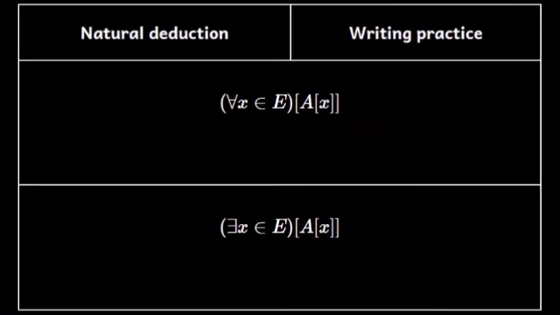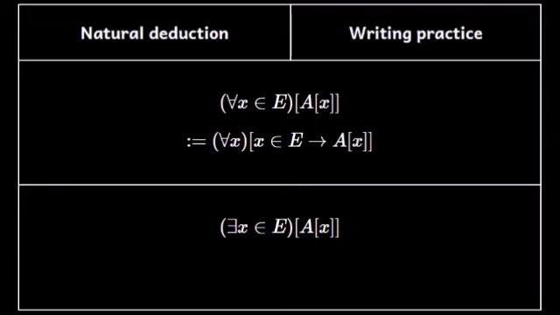In mathematics, we don't usually say for all x or there exists x. We usually say for all x in E or there exists x in E each time we bind variables that range over a given set. So what does it mean that for all x in E, A of x? Well, that's actually shorthand for for all x, if x is in E, then A of x.